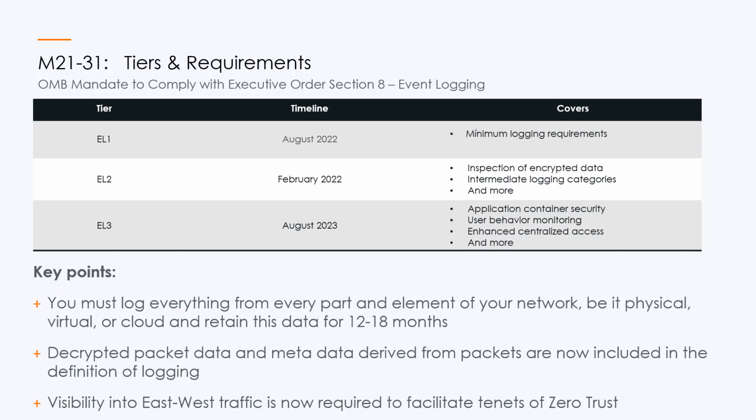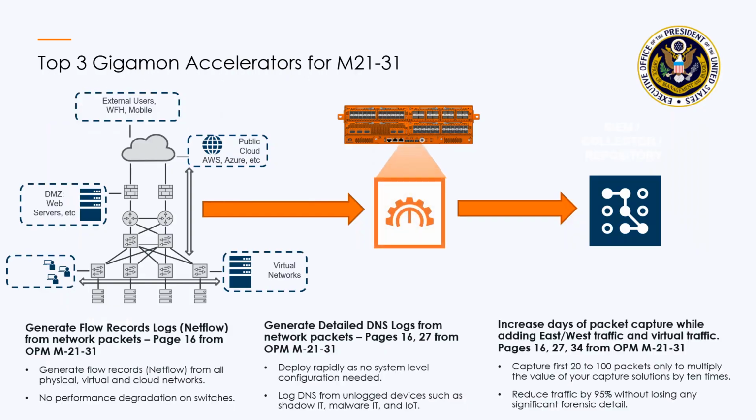And that brings us to how to accelerate your compliance. So this is top 3 Gigamon accelerators that we're going to present to you. And Matt, could you take us through these accelerators? Sure. Yeah, like most zero trust efforts, it requires a technology ecosystem to work together to comply with this.